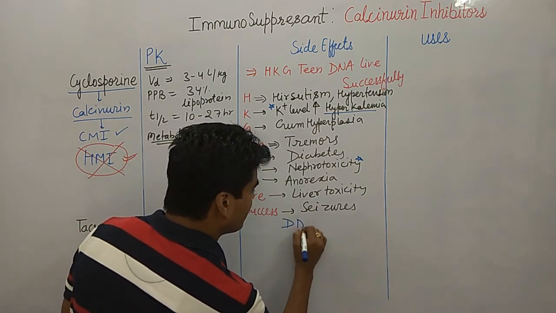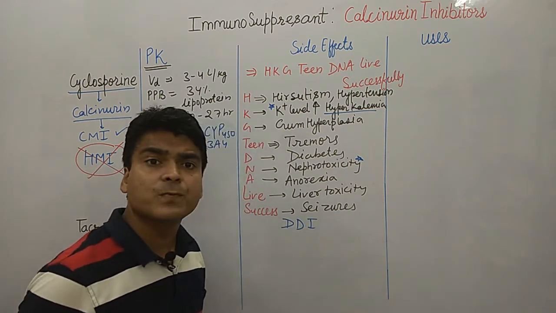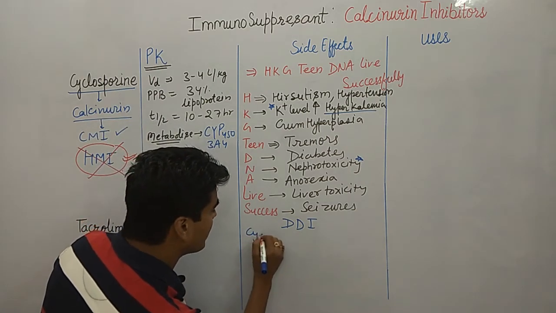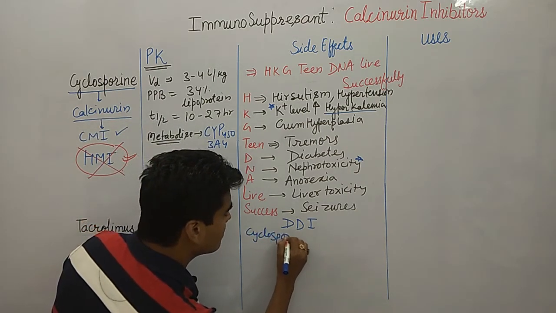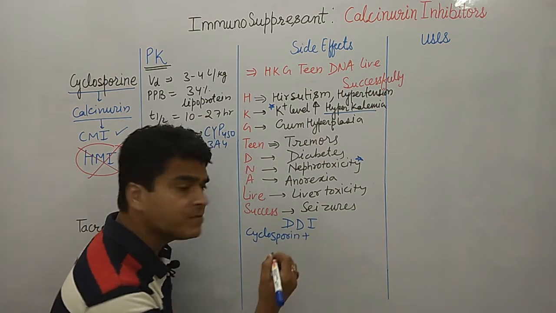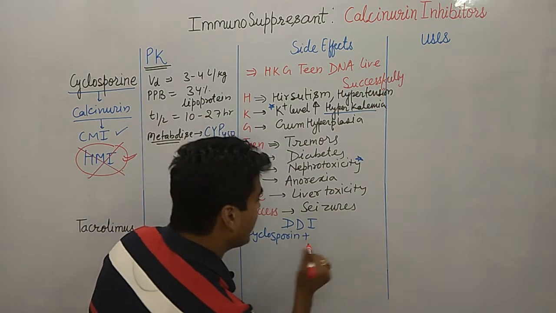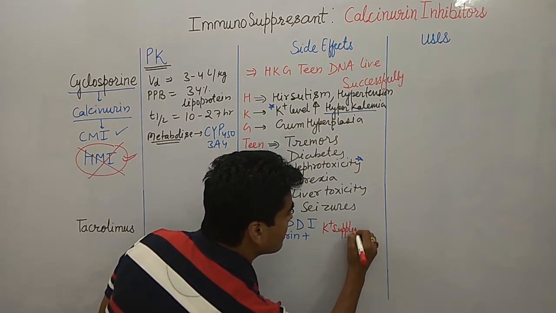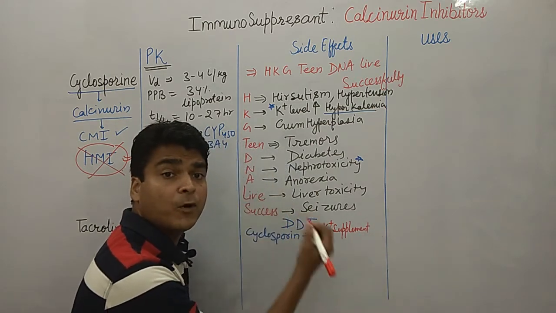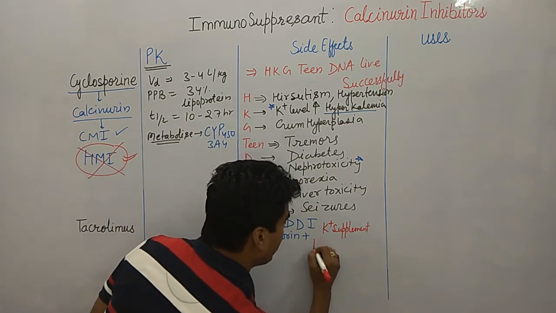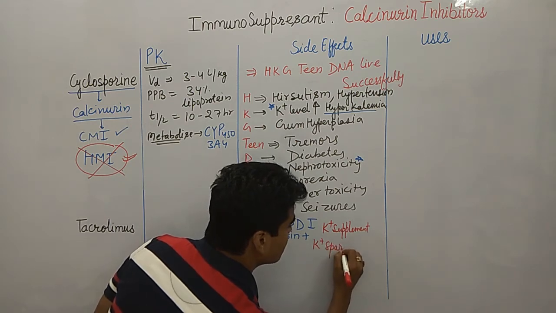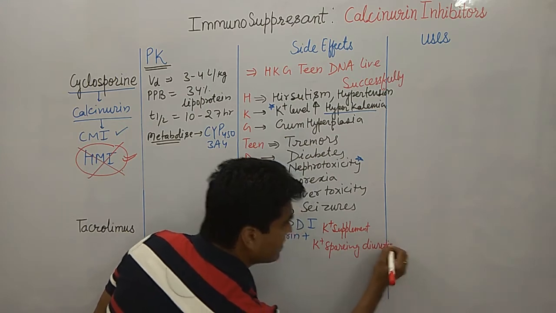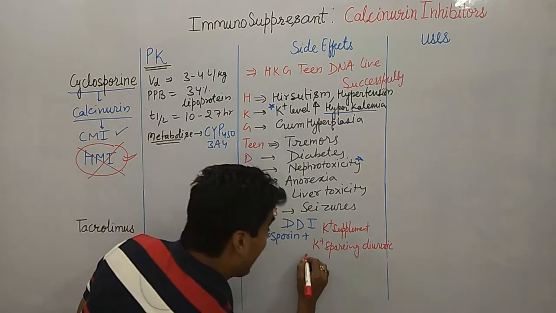If you are looking at drug-drug interactions of cyclosporin, what kind of interactions are there? If we are giving cyclosporin with a potassium supplement or a potassium sparing diuretic, what happens?